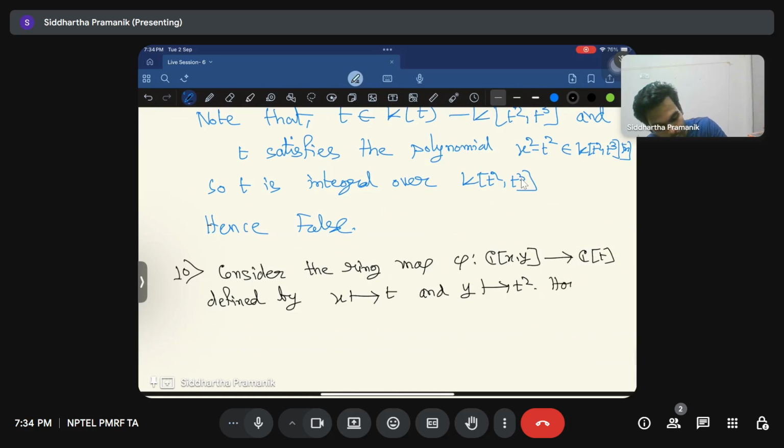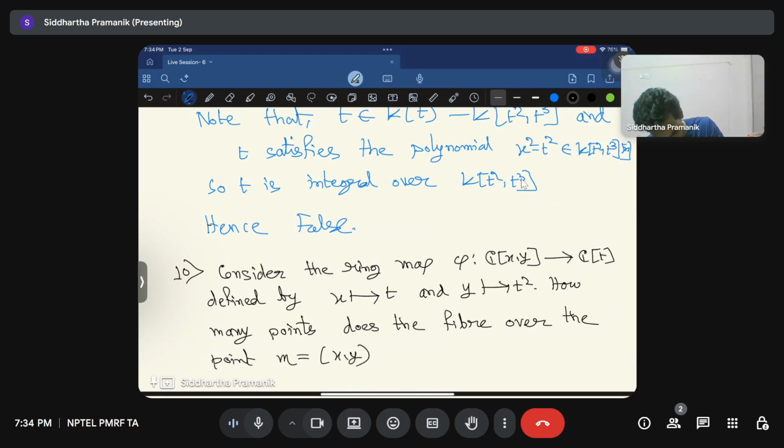Then how many points does the fiber over the point, over this maximal ideal, corresponding to this ideal (x, y) have.